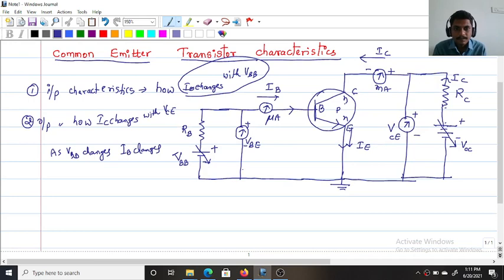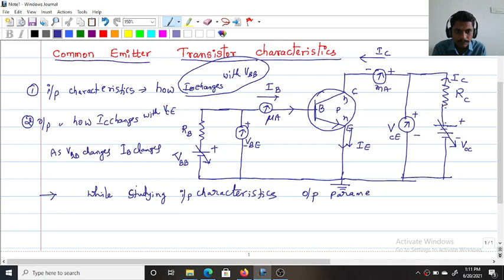Now we'll study the input characteristics: how the base current changes by varying the VBB voltage. Please remember one point: while studying input characteristics, the output parameter should be kept constant.